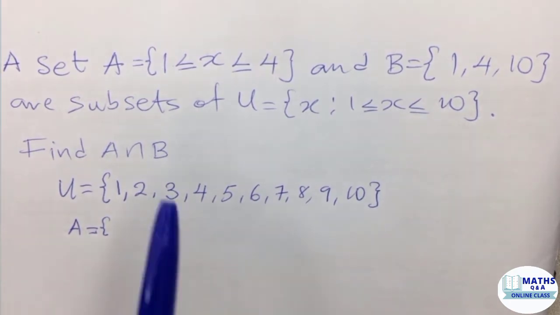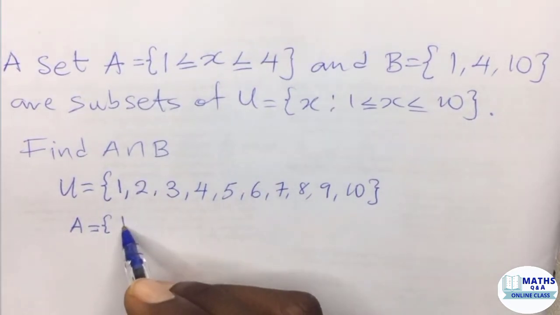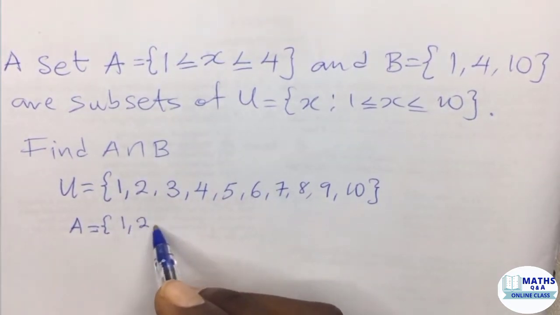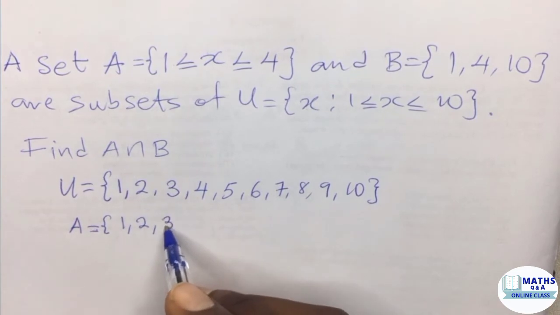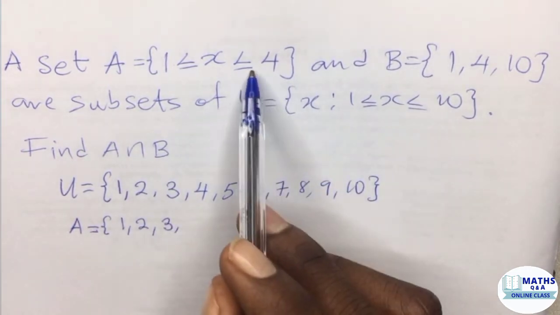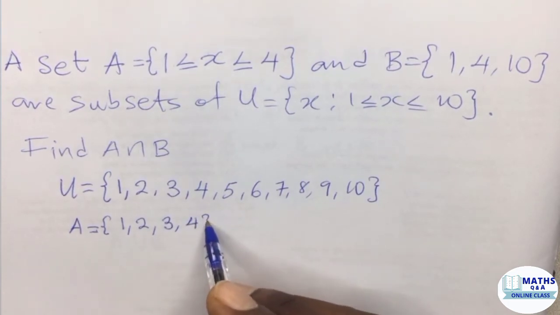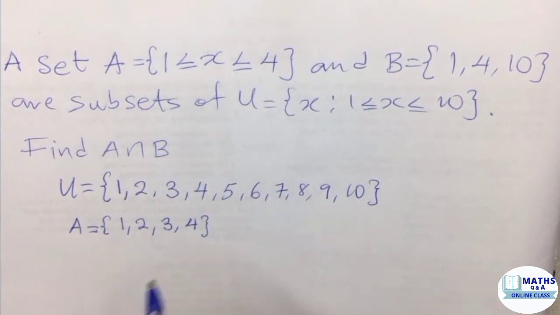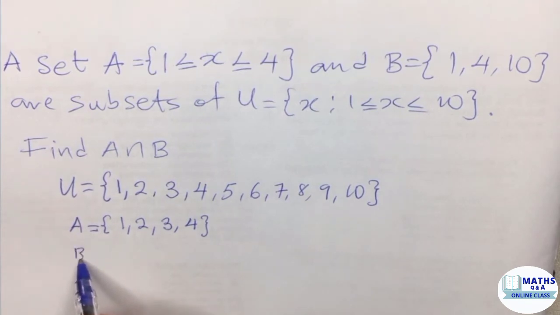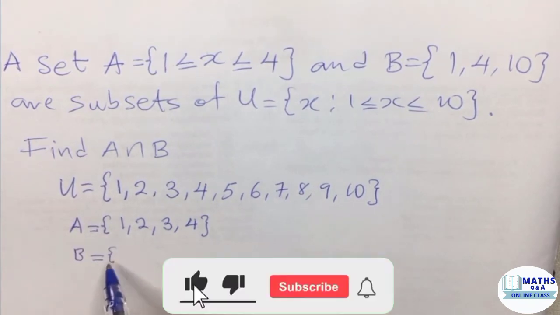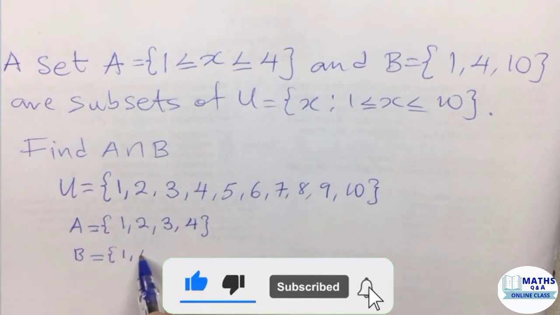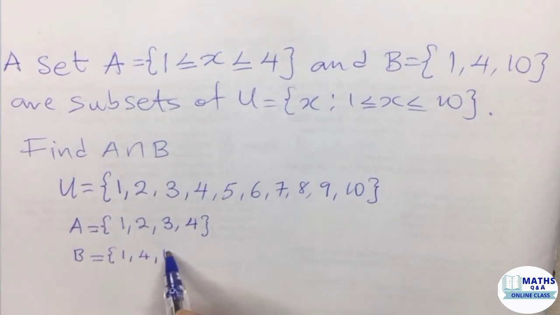So since we're starting from 1, we have 1 in there, then we move to 2, 3. The last element in the set A is what? 4. Good. Then we have B. B has been listed already, so we don't have any problem with the set B.